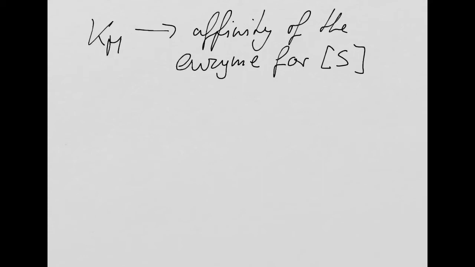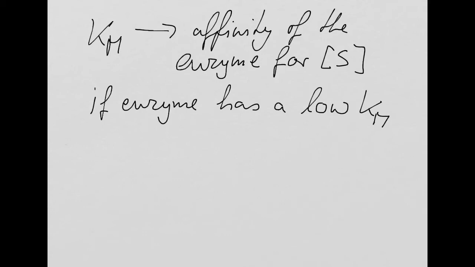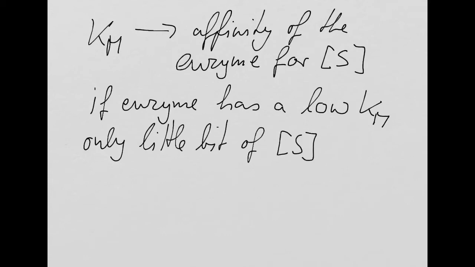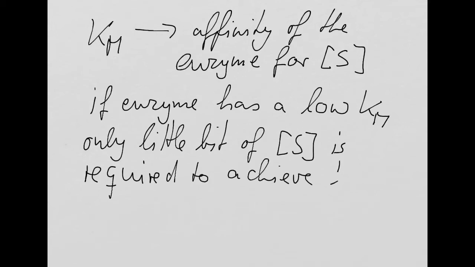Well, if the enzyme has a low Km, so Km is low, it means that I only need a little bit of substrate, only a little bit of substrate is required to achieve half of Vmax.